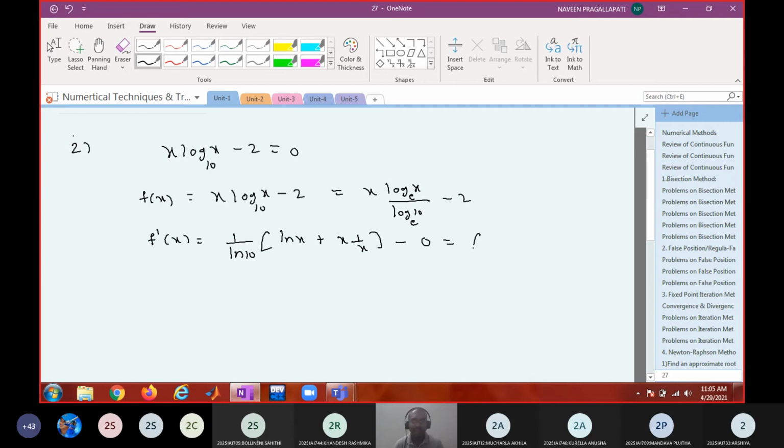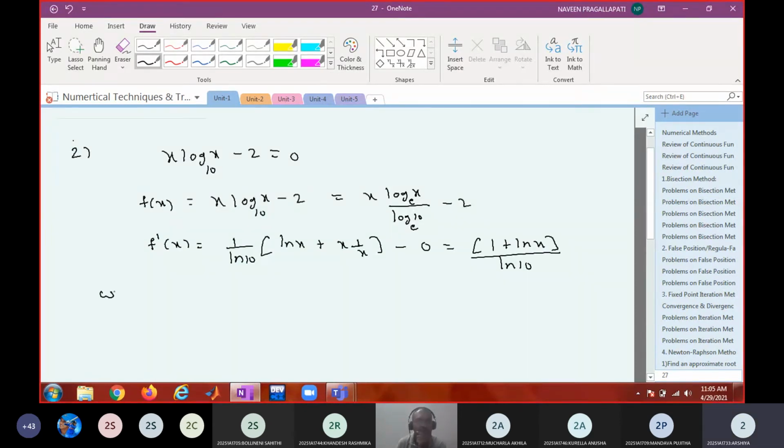So this is 1 plus ln x divided by ln 10. Okay, is that fine?